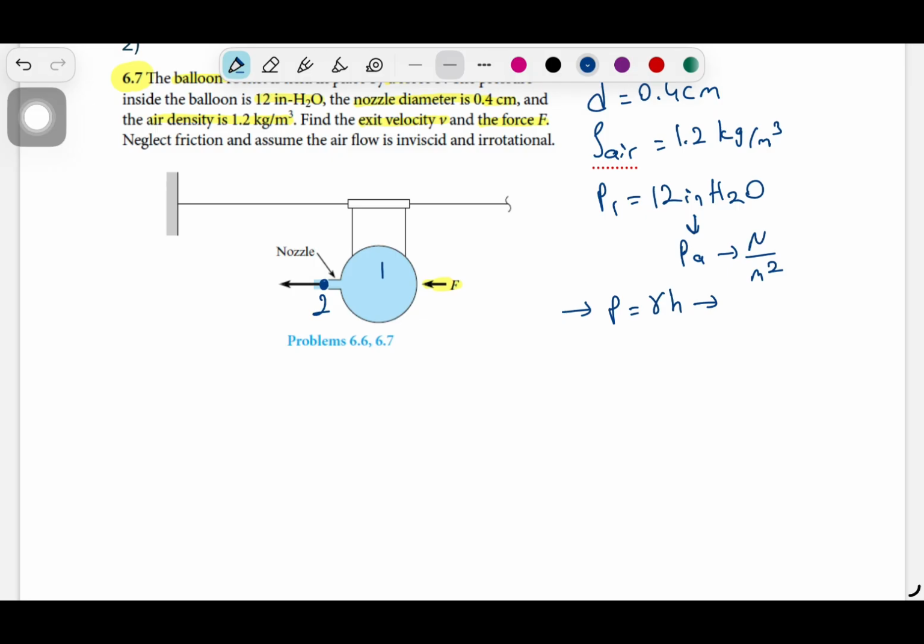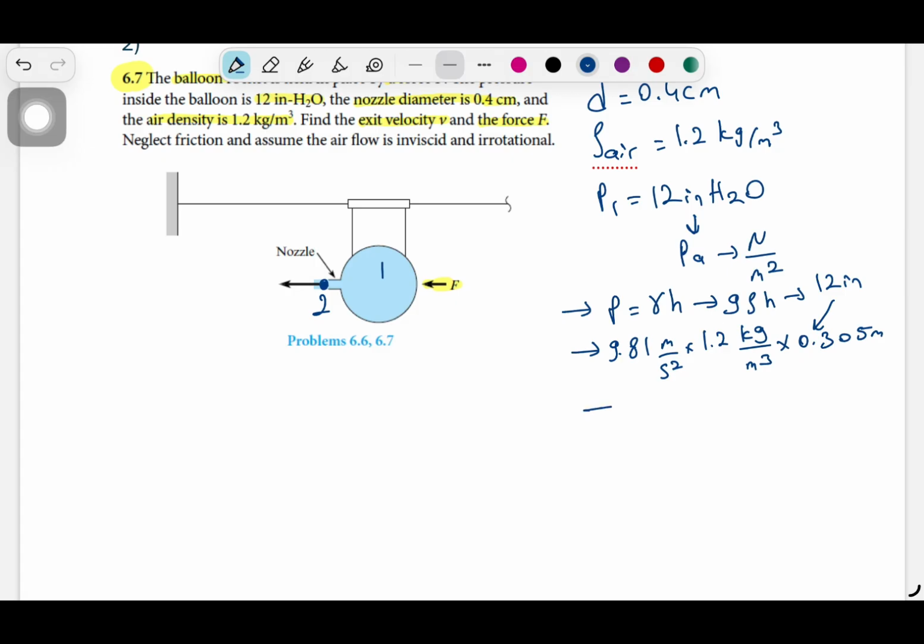And specific weight is gravitational acceleration times density. So here we have 9.81 meters per square second times 1.2 kilogram per cubic meter times 12 inches. 1 inch is 0.25 something, and 12 inches gives 0.305 meters.